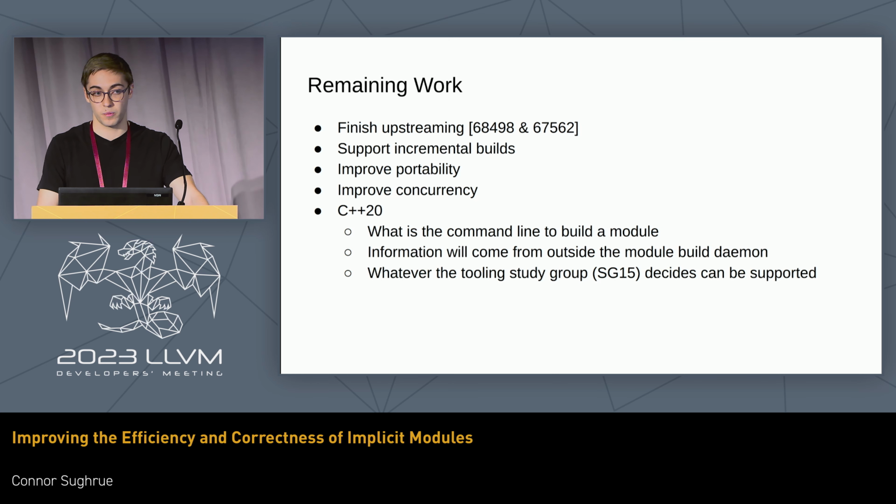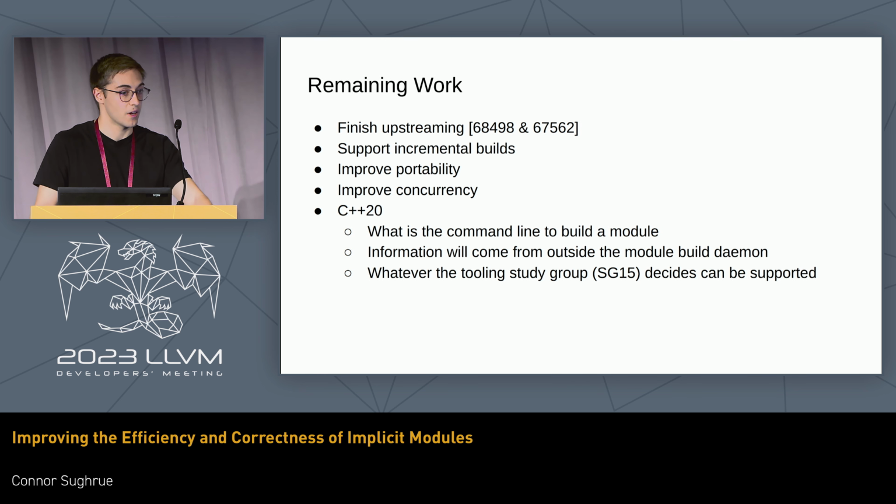Also, we want to improve portability. Right now, the patches on GitHub are specific to POSIX compliant systems, so we want to support Windows and any other platforms that are out there. And then also improve concurrency.